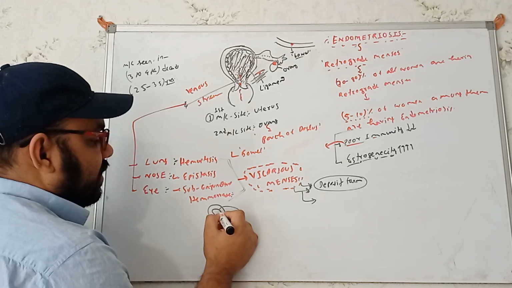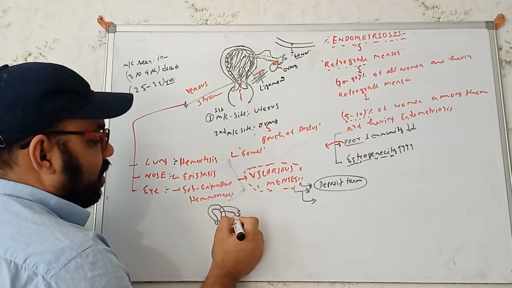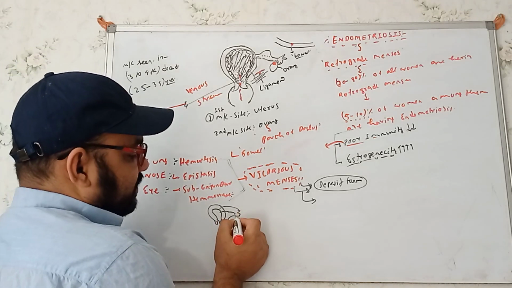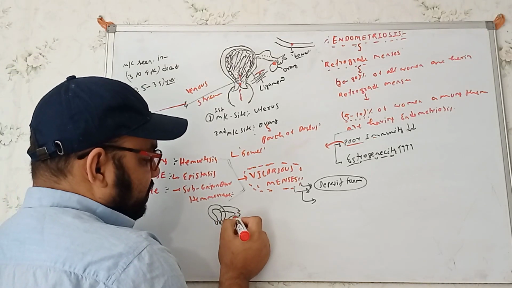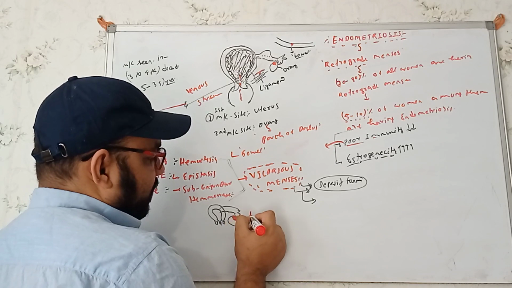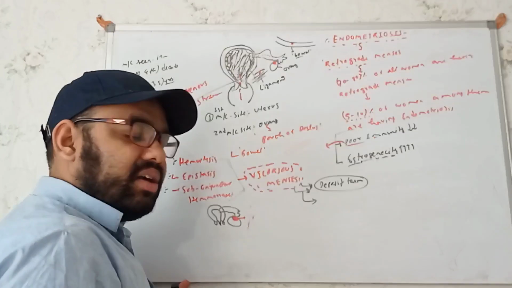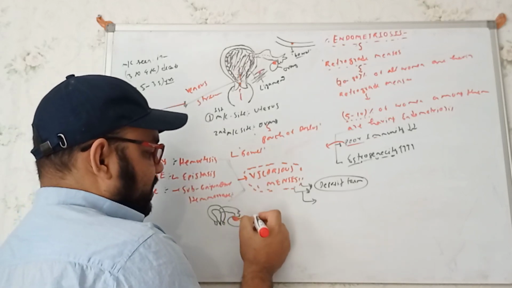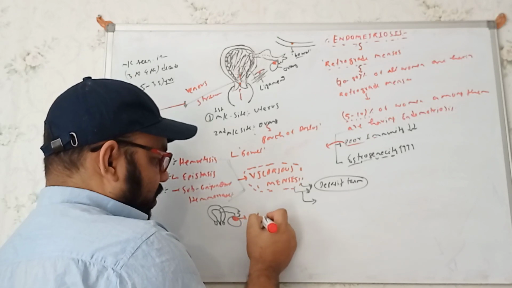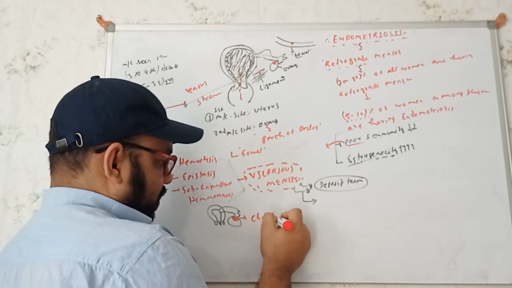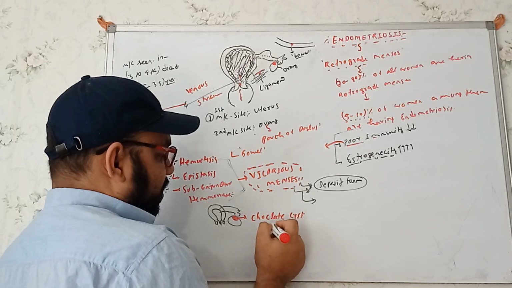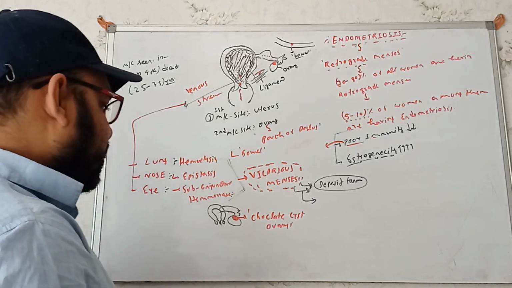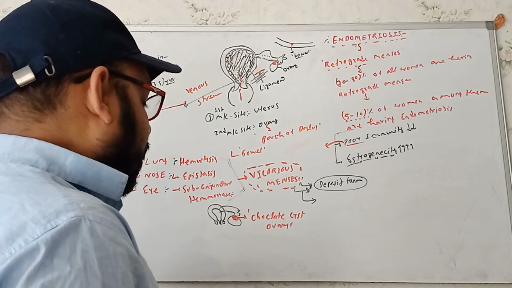Now for example, the ovary. Within the ovary, whenever we see periodic bleeding for a long time, we get accumulated blood. The RBCs will be broken down and produce bilirubin, and ultimately the ovary will look like a chocolate cyst. So that's why it is known as chocolate cyst of the ovary. These are the pathological findings by which we can understand that the woman has endometriosis.